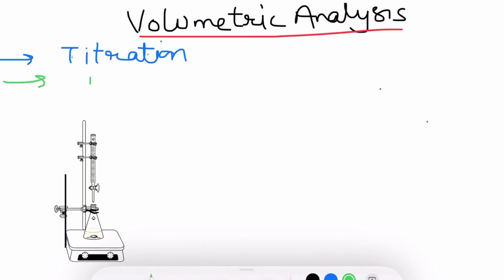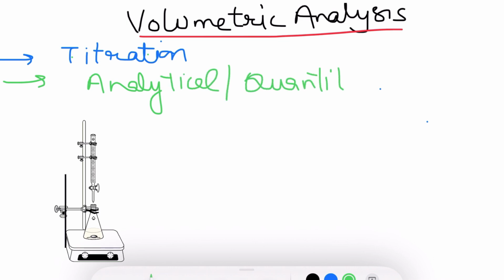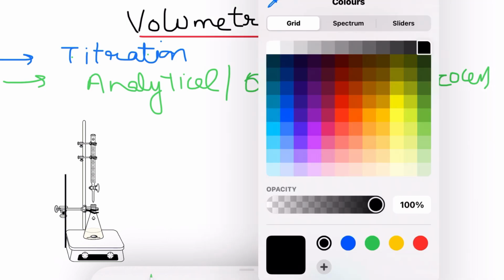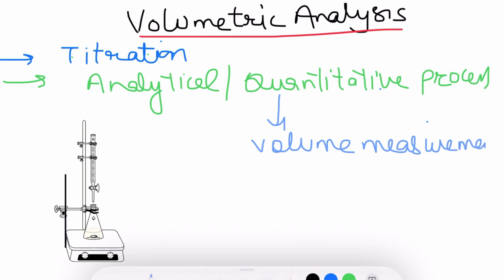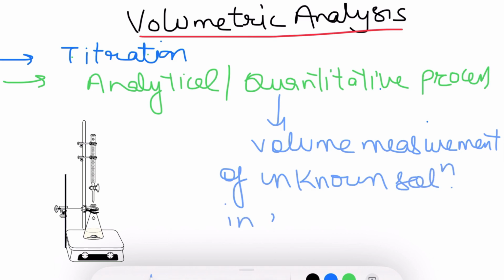It is an analytical, or you can say quantitative, process which is used for determination of the volume measurement of an unknown solution in a reaction.